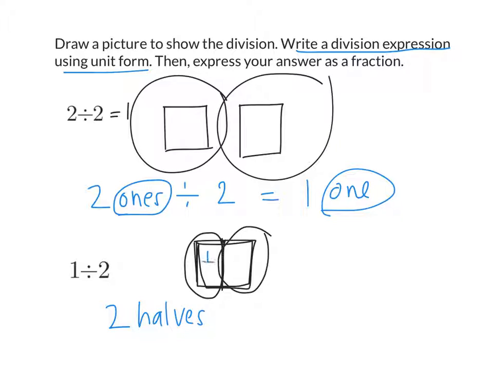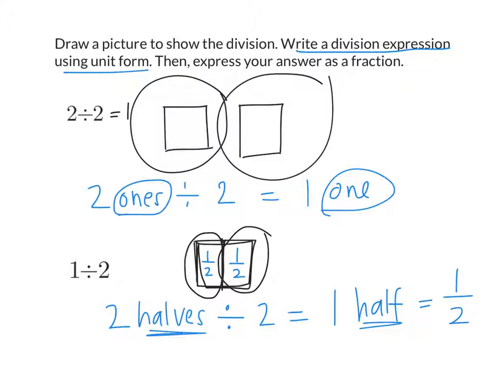Do you see how this is 1/2 and this is 1/2? So all together I begin with 2 halves. I'm still dividing it into 2 equal groups, and I end up with 1/2. So this time the unit is halves. How do I write 1/2 as a fraction? Well, 1/2. So here's where we draw a picture. Here's the unit form. And here's expressing our answer as a fraction.